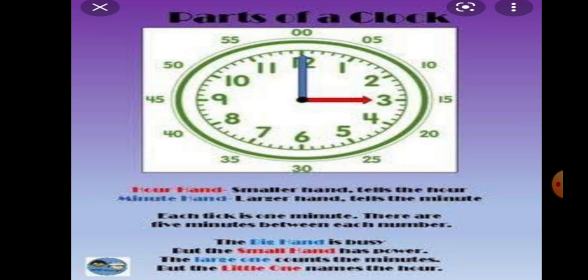There are 5 minutes between each number. The big hand is very busy, but the small hand has power. The large hand counts the minutes, but the little one names the hour.